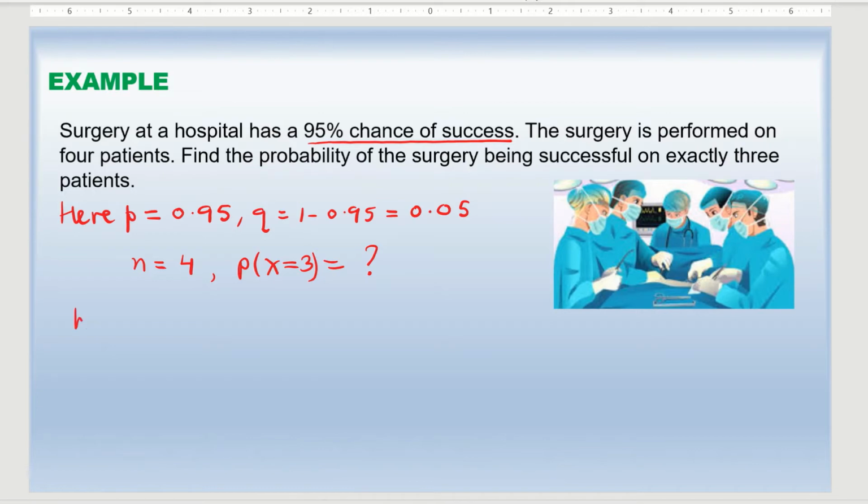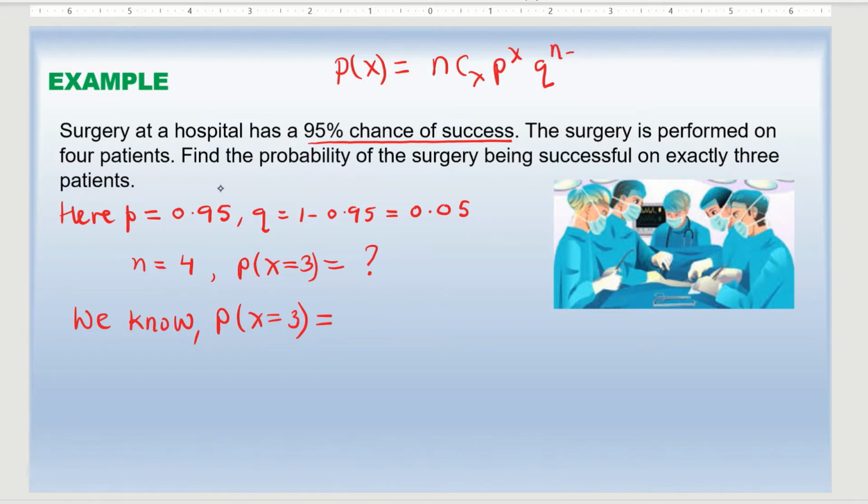So let's recall the formula. What we know is this: the probability of x equal to 3 will be, this was the formula for the binomial probability distribution: the probability of exactly x successes is nCx, the combination of n taken x at a time, p to the x, and q to the n minus x. So your n is 4, so in place of this we write 4Cx.